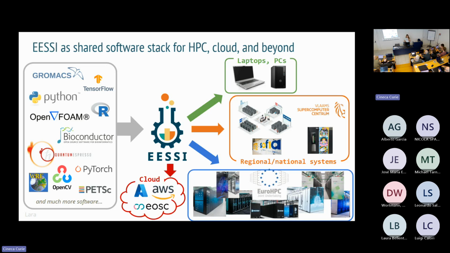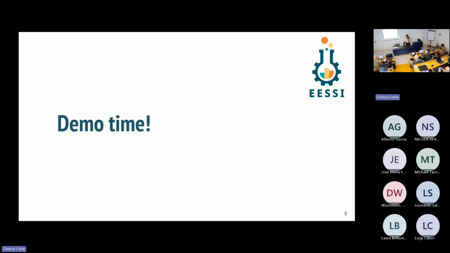If you have a cloud instance and want to cloud burst, you can start using the software immediately once CernVM-FS is installed, so you don't have to go through the whole hassle of installing your software. Or just on your Raspberry Pi. You can't compile GROMACS on a Raspberry Pi, but you can run it with Easy.